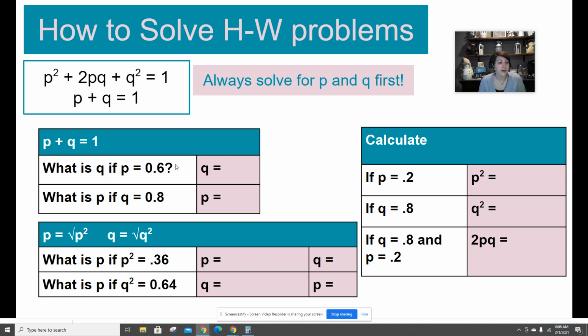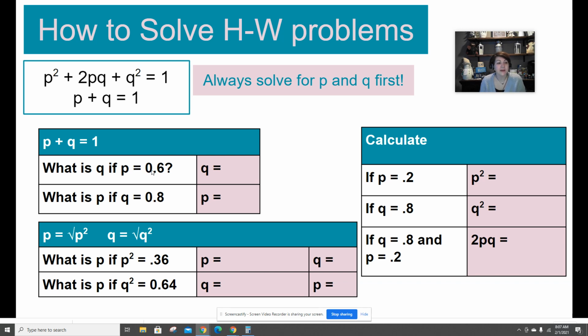So the first box that I have here is the very basic type of problem. If you're given a P value or a Q value in your problem statement, it's very easy to find the other one because P and Q have to add up to 1. The first statement says, what is Q if P equals 0.6?